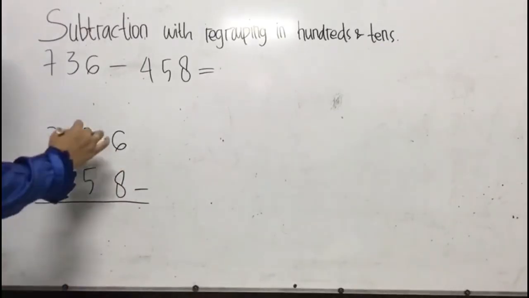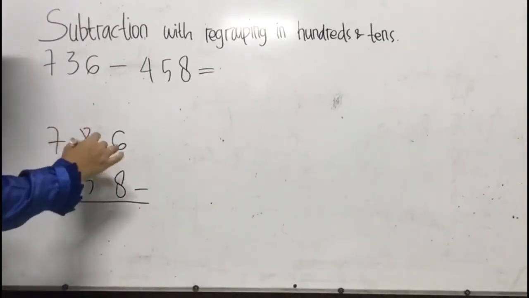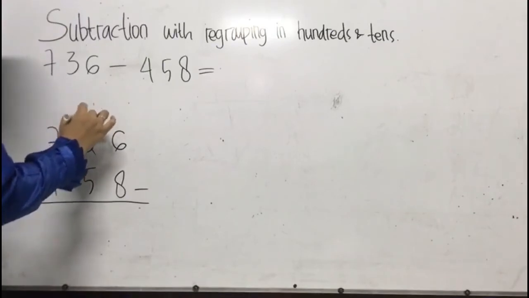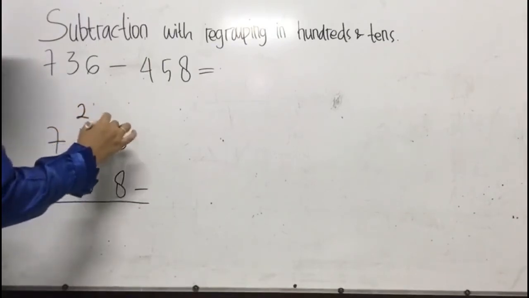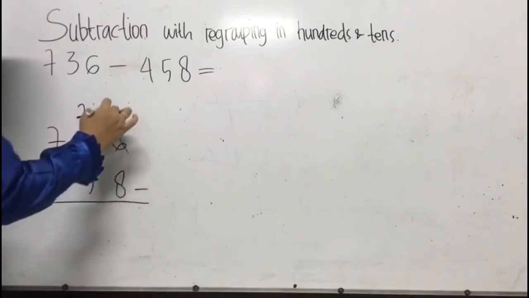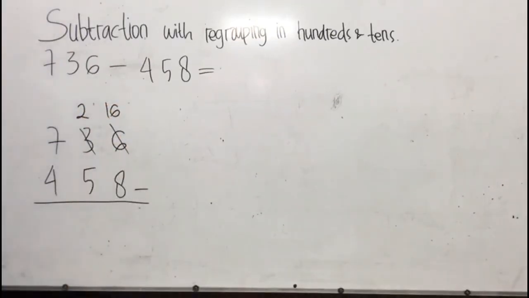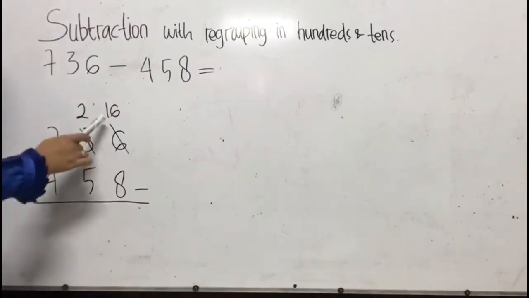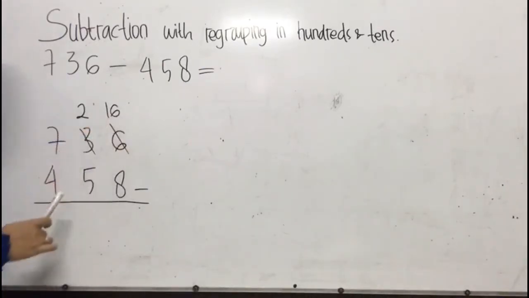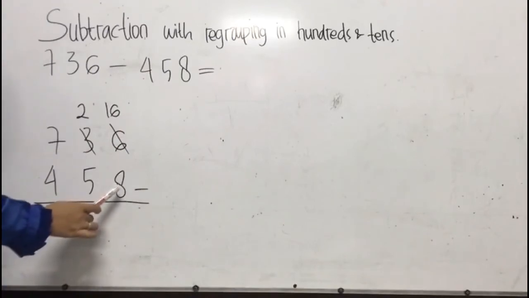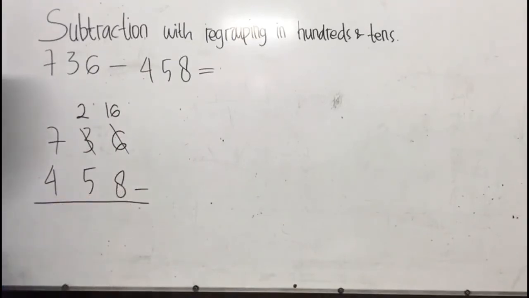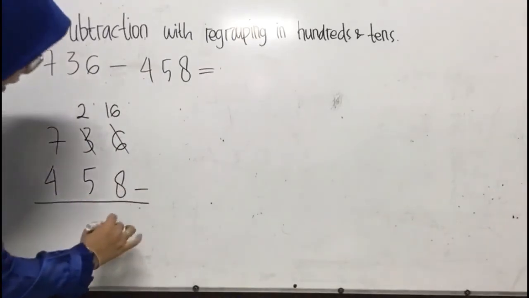Now we have 2 tens and 16 ones. Now we can subtract the ones. 16 ones minus 8 ones equals, yes, 8.